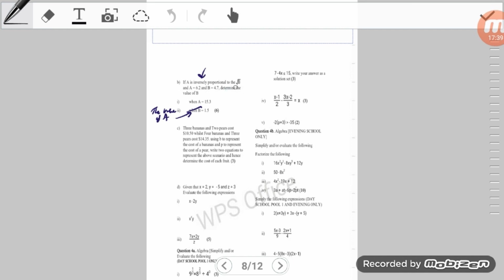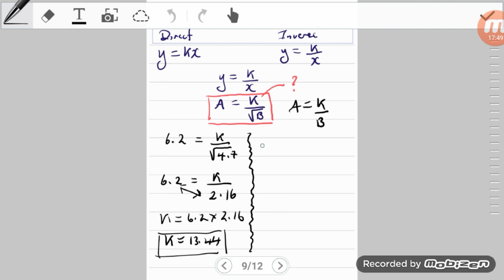So now if we go back to writing our formula here, that A is equal to K divided by the square root of B, you're going to find that we are looking for B when A is changed from 6.2 to being a different number. So that's 15.3, and we already established a value for K, 13.4, and now we are in B.